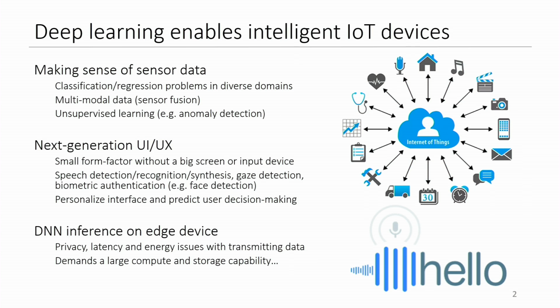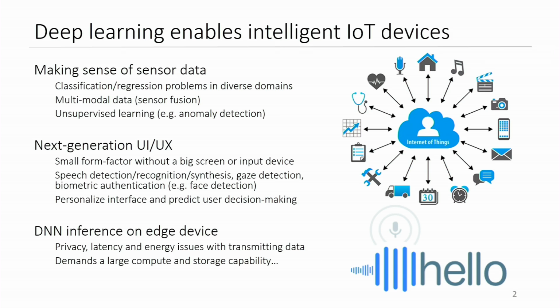The graphic here hints at some of the applications and use cases that we have in mind. And generally, deep learning is a really big enabler for a lot of these domains. And moving forwards, we're starting to think about things like multimodal data and even unsupervised learning, which can be really powerful in IoT.